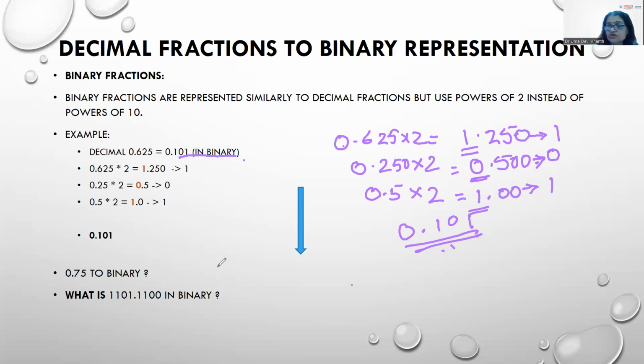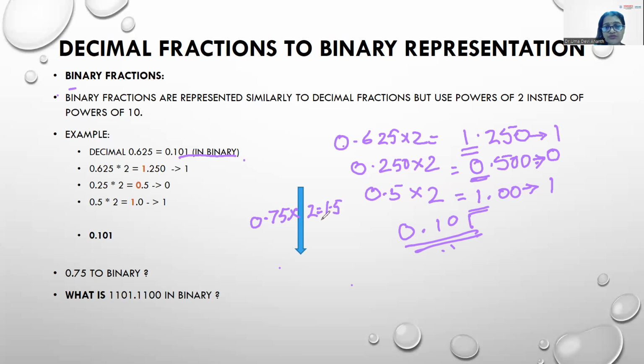So similarly, if we do 0.75, what happens? Let's do that. So 0.75 into 2, we will get 1.5.